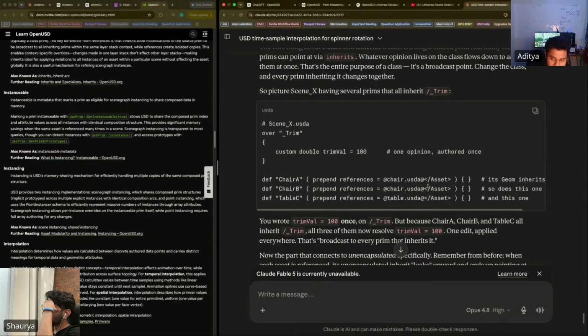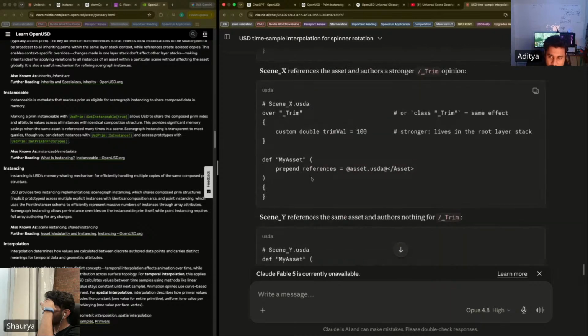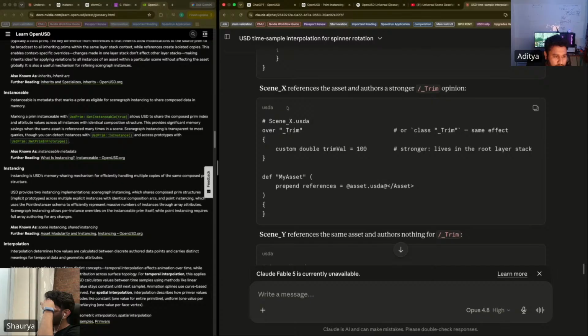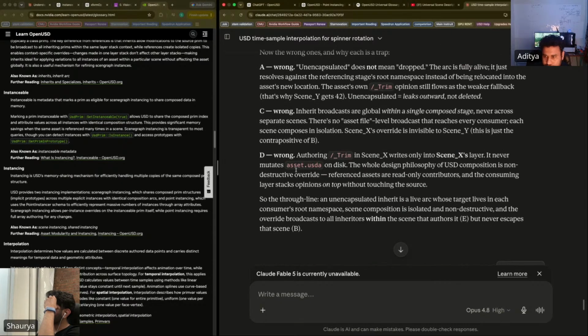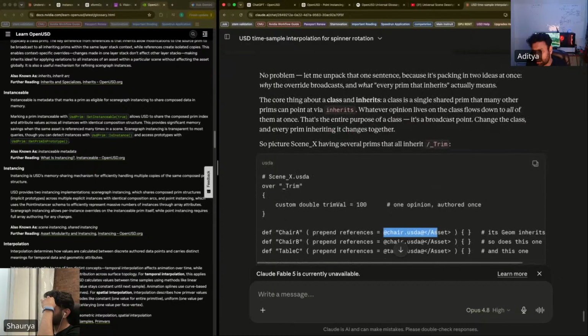So any file that is going to be referencing this asset after CNX will have those changes. Oh, like whichever asset has this statement, like chair.usd slash asset. Yes.